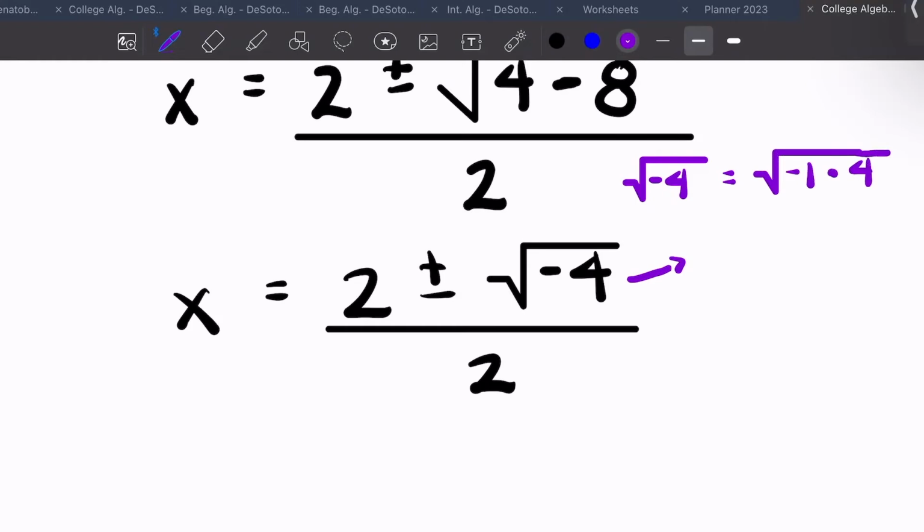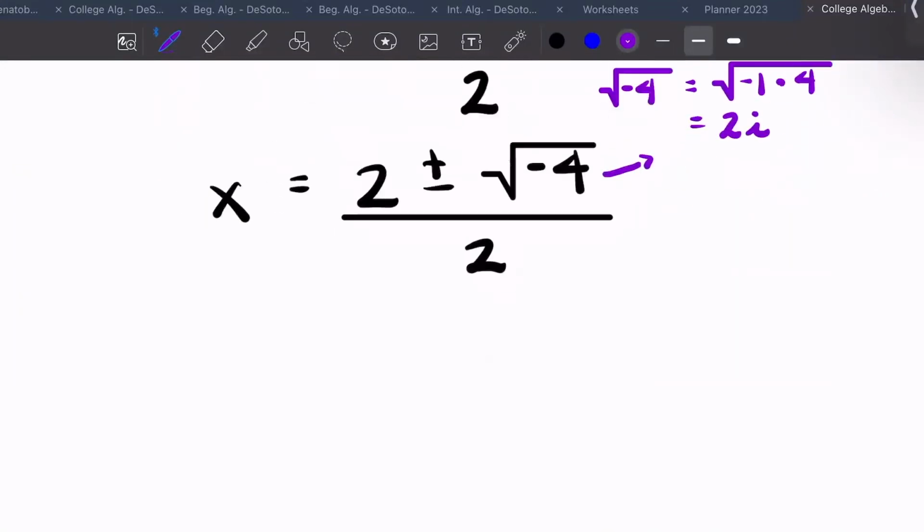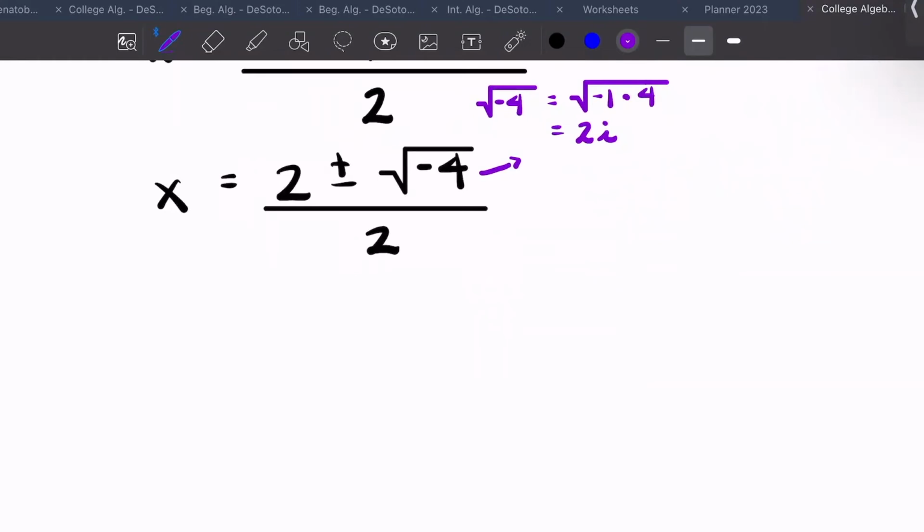And the square root of 4 is 2, and the square root of negative 1 is i. Okay? So the purple 2i is going to go in place of the square root of negative 4. So I have x equals 2 plus or minus 2i over 2.